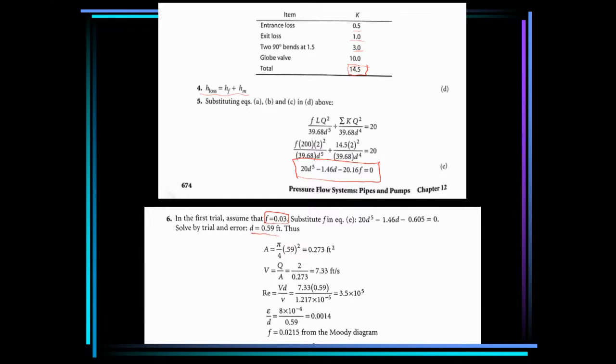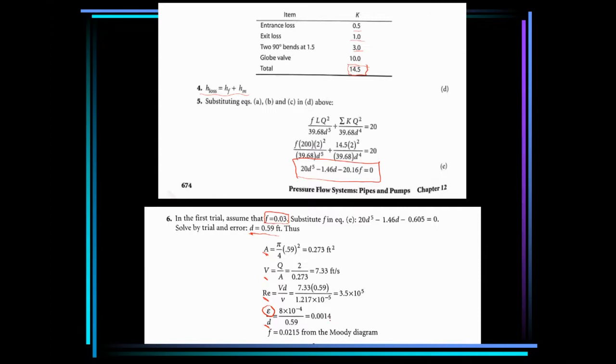So now we will use this D found to compute F again using the Moody diagram. From this diameter we can find the area, the velocity, the Reynolds number, and the relative roughness. Don't forget how we got epsilon, the equivalent roughness from that table, depending on the pipe type.